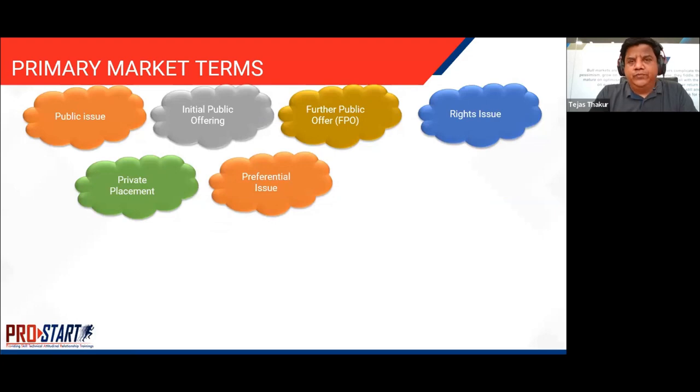Coming to the preferential issue. A preferential issue is when a listed issuer issues securities or shares or convertible securities to a particular group of people.